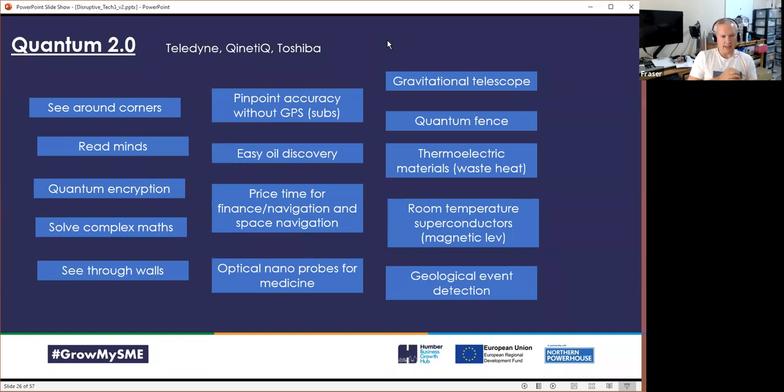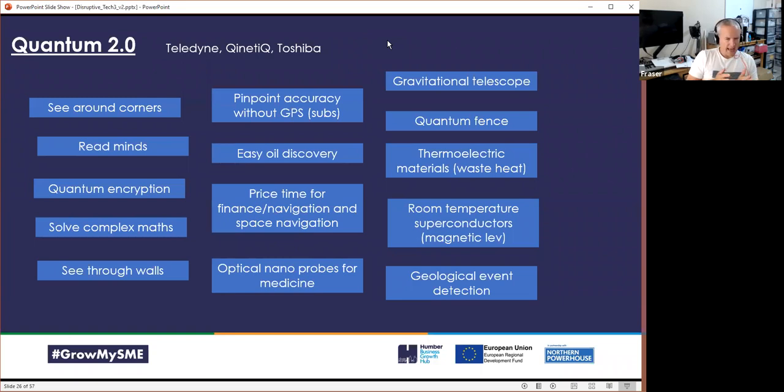Certainly, I think we'll get these sensors which can do things like see round corners, see through things. Could be some privacy issues here, some policy issues to consider. So many applications of quantum 2.0, and I encourage you to go and look at what people are doing in this domain.